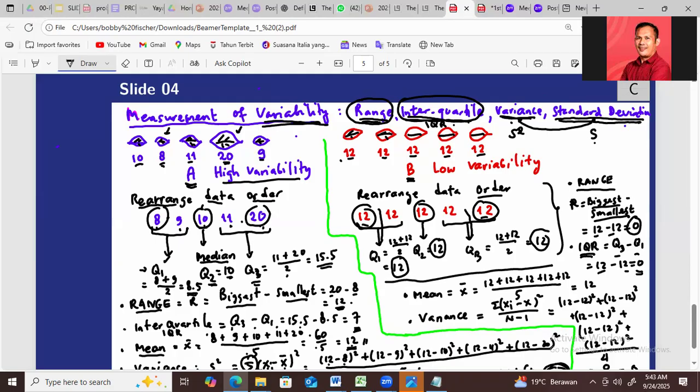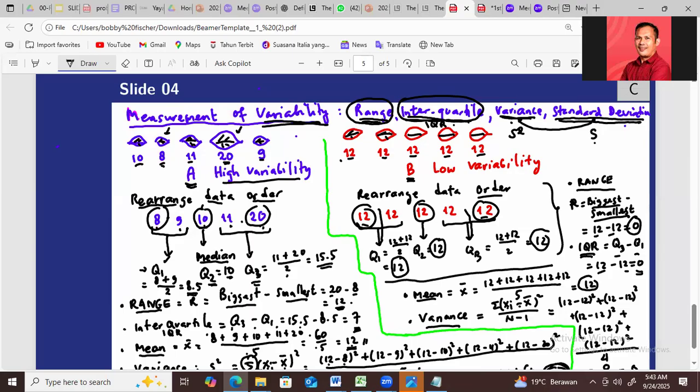The mean value, or average value, is the same thing: 12 plus 12 plus 12 plus 12 plus 12, sum up all the data and divide by 5, which is again 12. The variance is the data minus the average value, squared, divided by n minus 1.